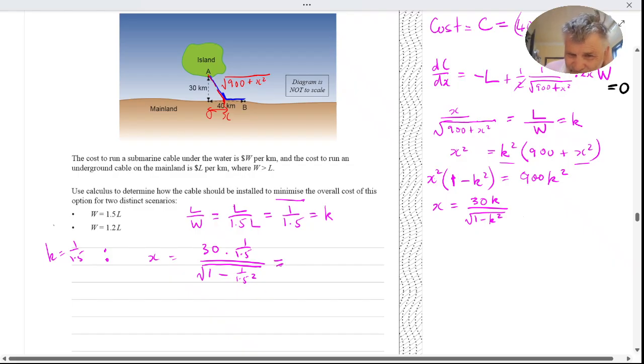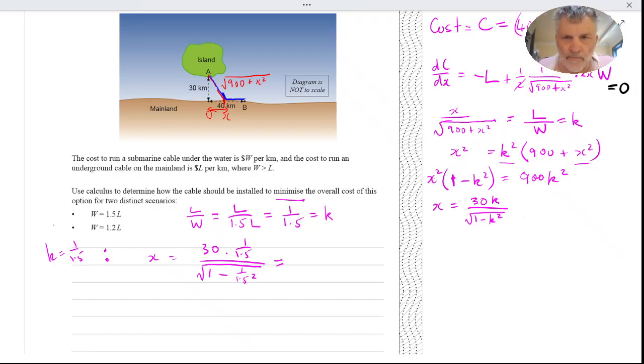You can just do that however you want with a calculator. I have done the calculation. And I get 26.8 kilometers.